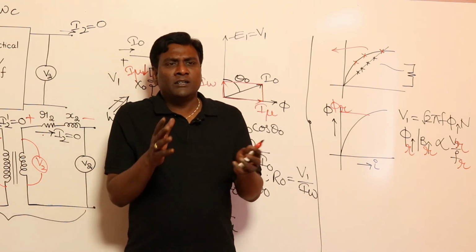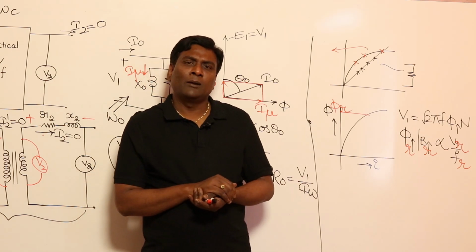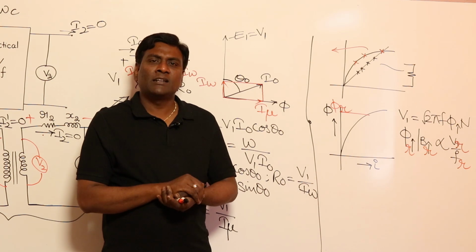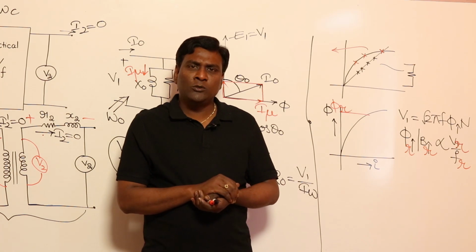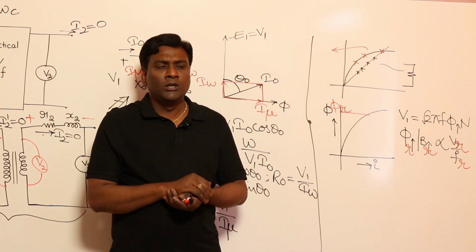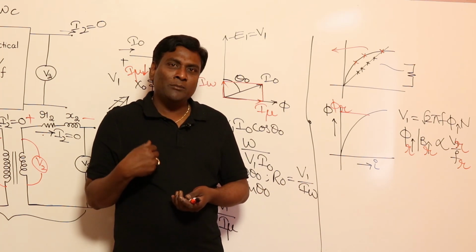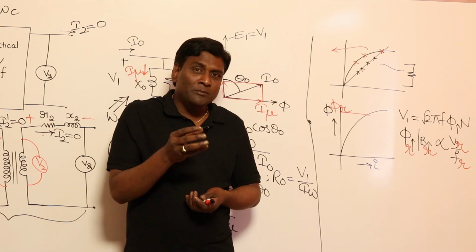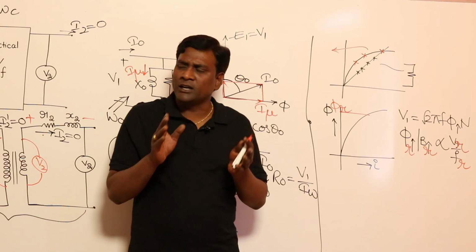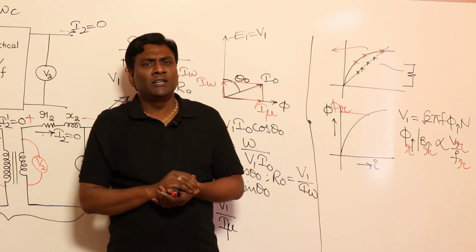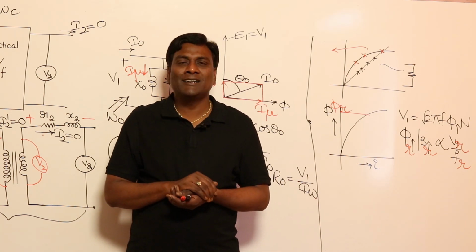For example, if I get a single-phase transformer of 100 kV by 1 kV into my laboratory, and let me think of the primary only, 100 kV may not be available in my laboratory. So if I conduct my test at maybe 10 kV, you will get R0 and X0 values anywhere, at any voltage and any frequency.